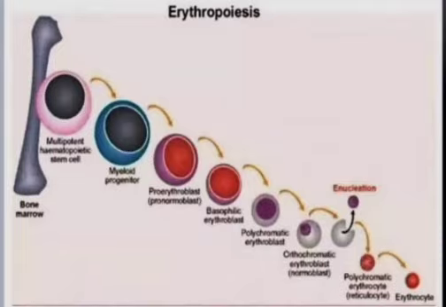The next step of erythropoiesis is the differentiation of polychromatic erythroblast to autochromatic erythroblast. So polychromatic erythroblast will differentiate to autochromatic erythroblast.